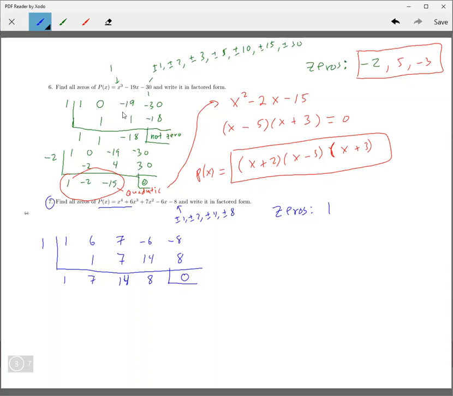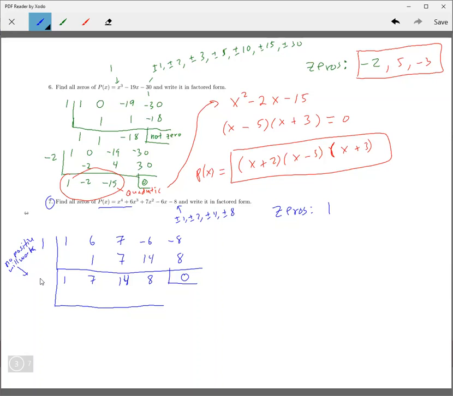In this particular case, no positive number is going to work here. You sort of see that?